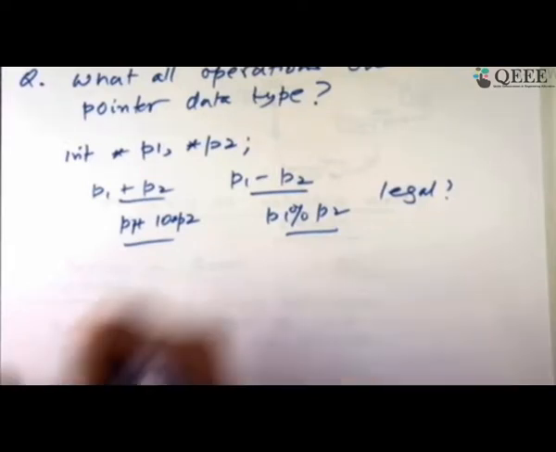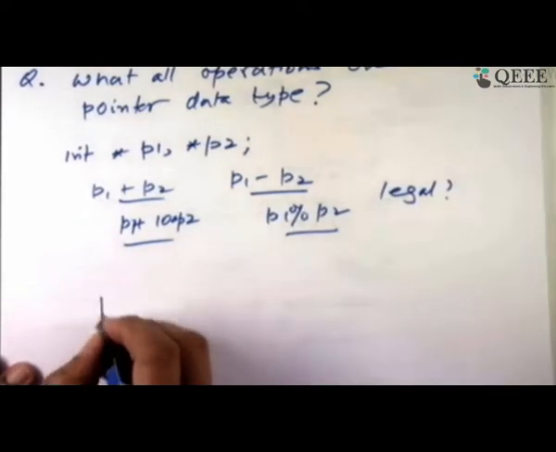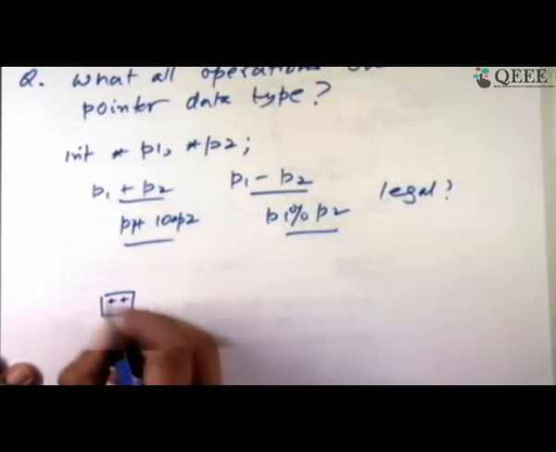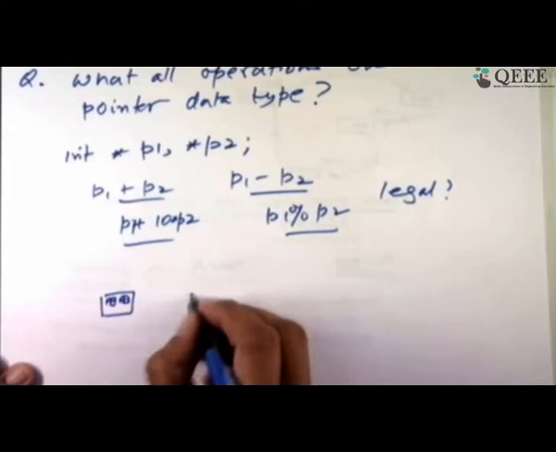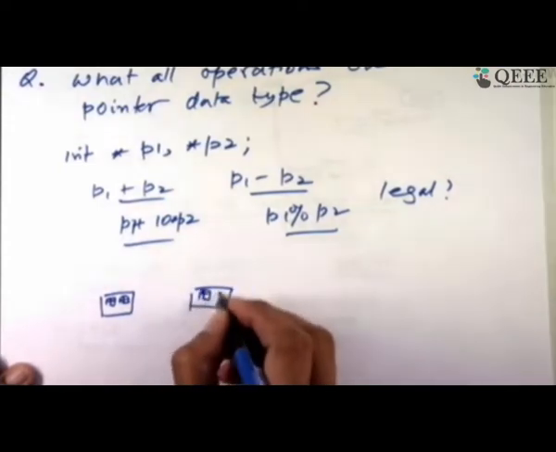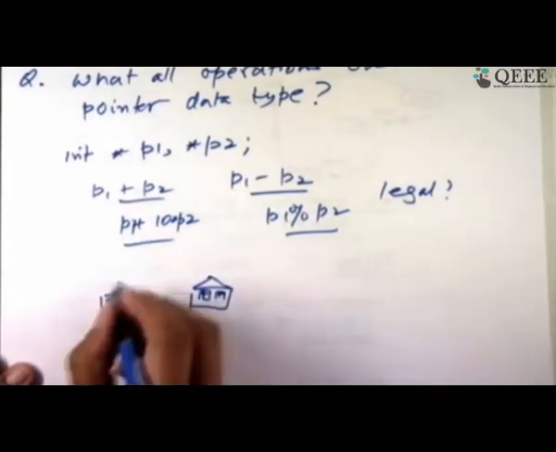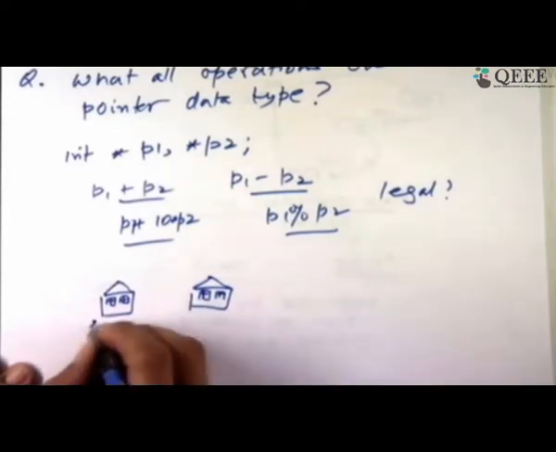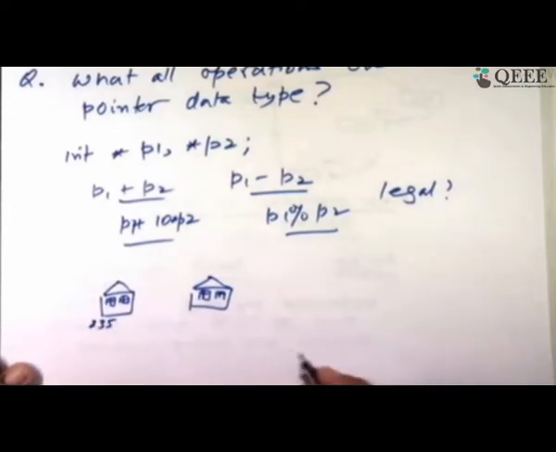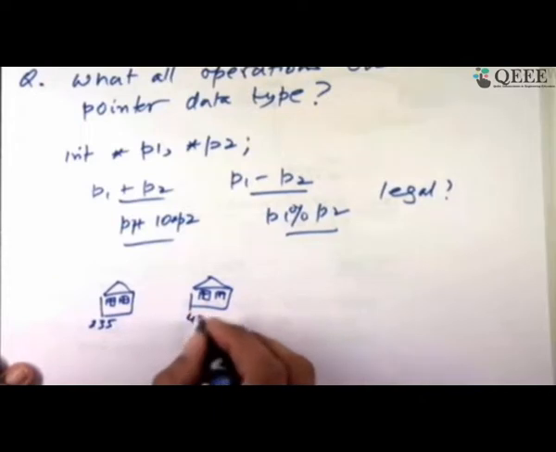For example, if these addresses were indeed addresses of genuine houses on some street in some part of the city. I'm not drawing the houses very nicely, but assume these are houses. So you know the address of this, 235, on this street. And this is, let's say, 431 on the same street.